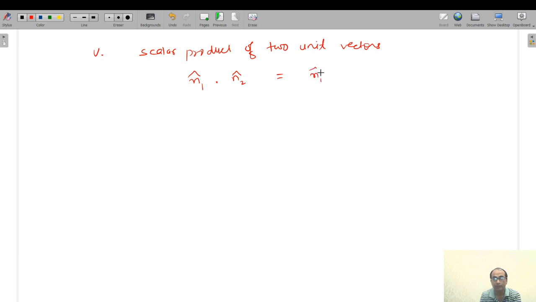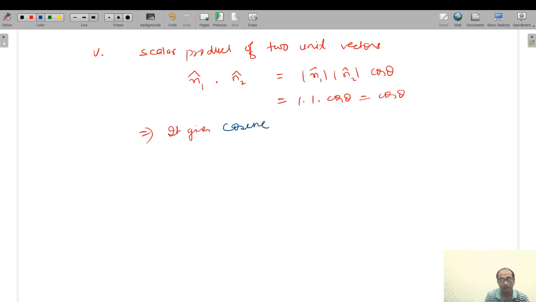We'll get magnitude of this one, magnitude of this one, and cosine of angle between them, and this is equal to what? See, magnitude is equal to 1 in case of unit vector, right? And this is cos theta. So this is equal to cos theta. So this gives what? इससे क्या मिलेगा हमें? यदि दो यूनिट वेक्टर्स को हम मल्टीप्लाई करते हैं तो हमें क्या मिलता है? So it gives cosine of angle between unit vectors.